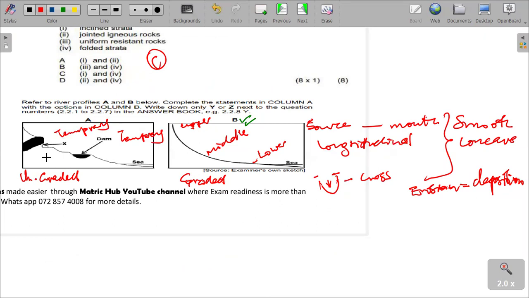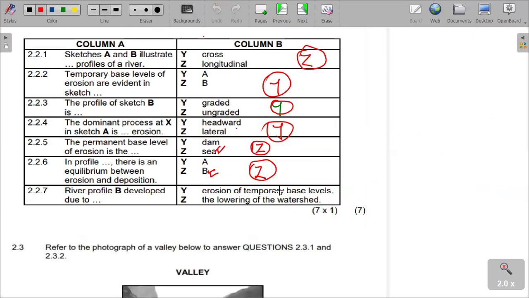If these levels of erosion are equally eaten off, we end up with a river profile flowing in a concave shape. So it is formed as a result of erosion of temporal base levels, which means the answer is Y, because the erosion of temporal base levels results in profile B being formed.